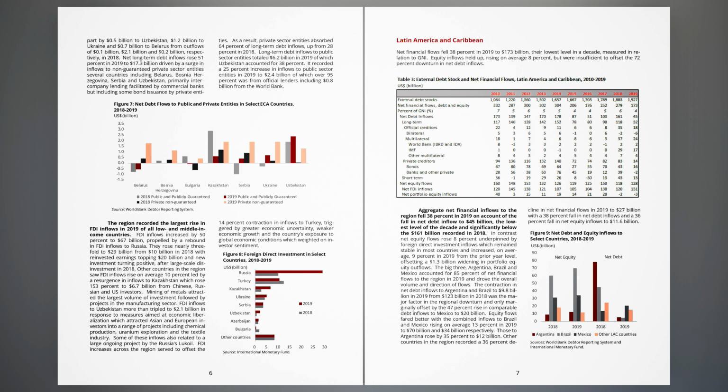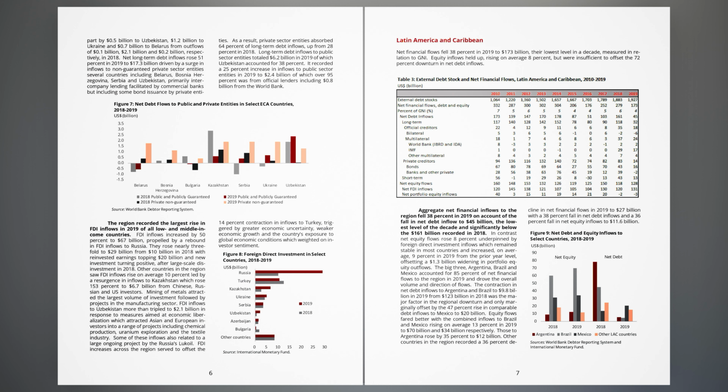Latin America and Caribbean. Net financial flows fell 38% in 2019 to $173 billion, their lowest level in a decade, measured in relation to GNI. Equity inflows held up, rising on average 8%, but were insufficient to offset the 72% downturn in net debt inflows. Table 3. External debt stock and net financial flows, Latin America and Caribbean, 2010-2019.